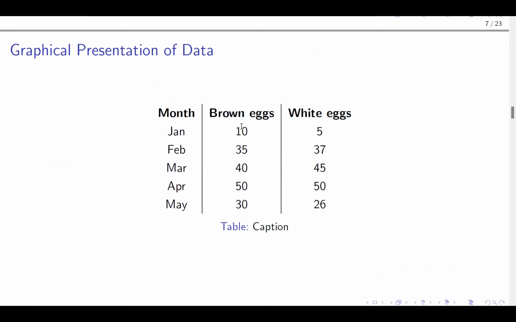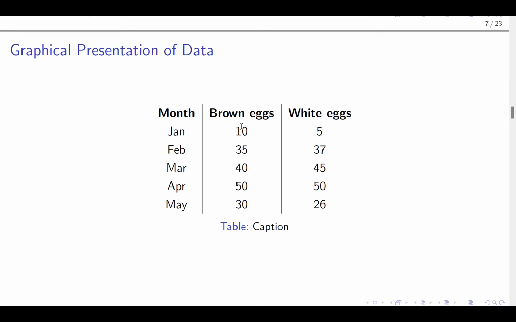So for every month, we are now decomposing the count of eggs into the various distinctions in there. So in the month of January, there is a need to indicate how many brown eggs were sold and how many white eggs were sold, instead of just counting number of crates of eggs sold. So in January, we had 10 brown eggs and then 5 white eggs. In February, we had 35 brown eggs and then 37 white eggs, and so on for the other months.